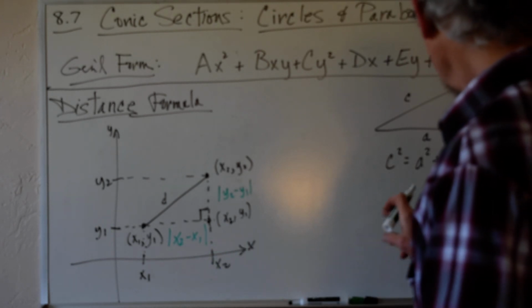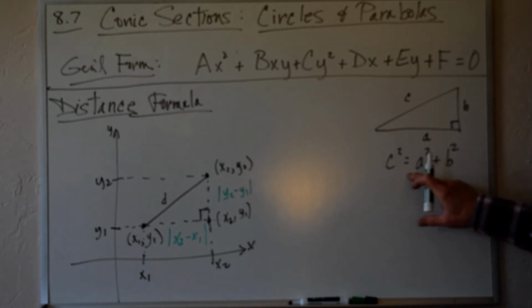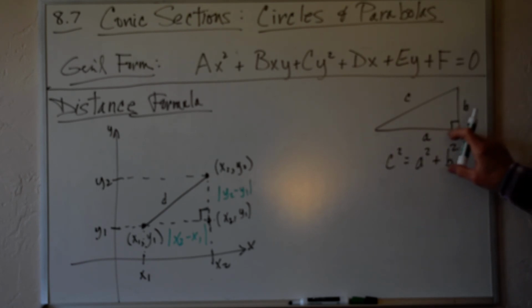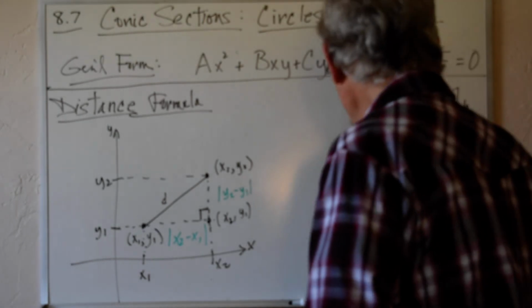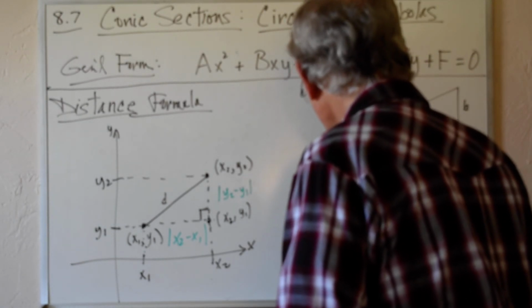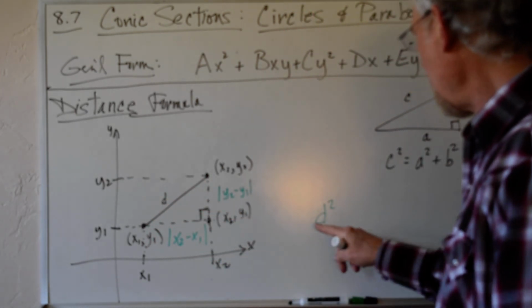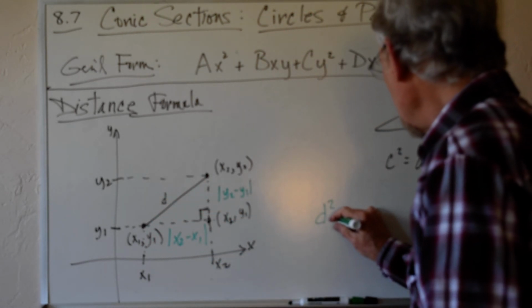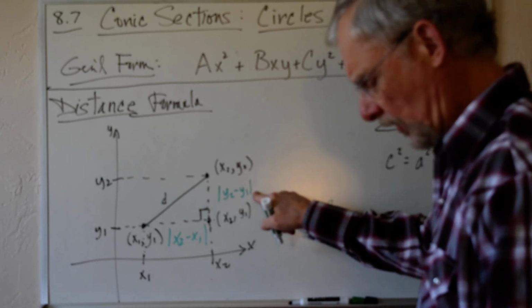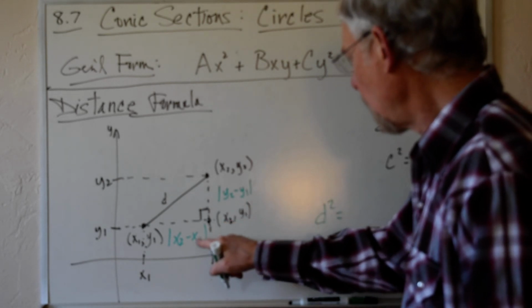Well, okay. We know that this is true: c squared equals a squared plus b squared when you have a right triangle like this. In this case, we called the hypotenuse of the right triangle d. So my distance squared is going to be equal to this side squared plus this side squared.